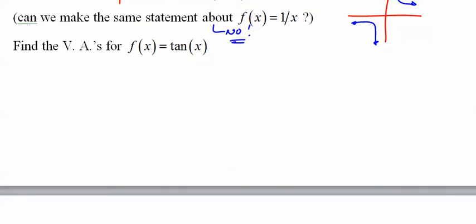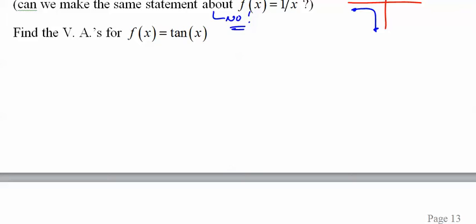So how about finding the vertical asymptotes for tangent of x? If it's been a while, I sure hope you go back and review. Tangent looks something like this.